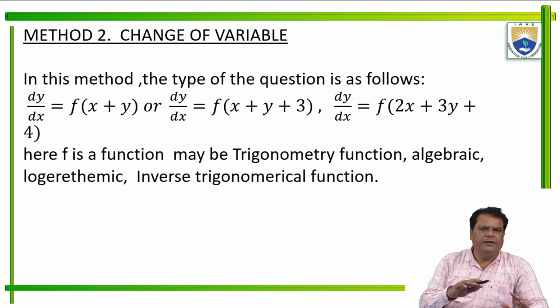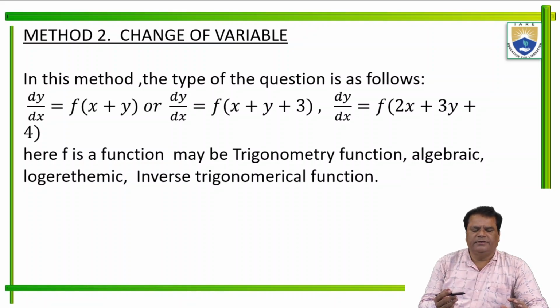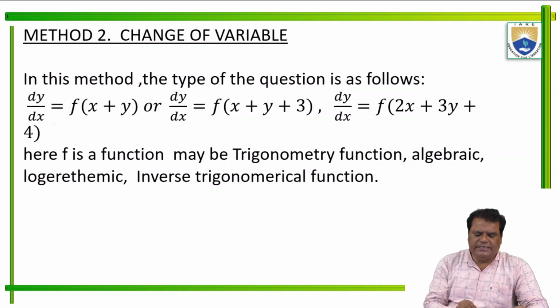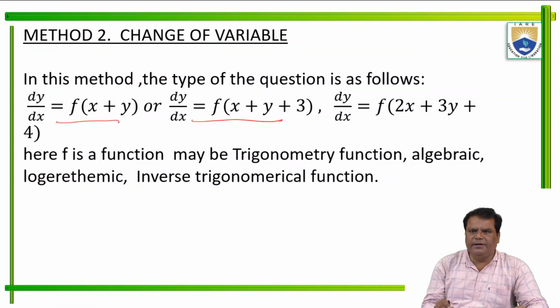Suppose the function in place of x is x plus y plus 2, x plus y minus 2, x minus y plus 2, x plus y plus 3, or 2x plus 3y plus 4. Here I am giving 3 examples: example 1 is this, example 2 is this, and example 3 is this.